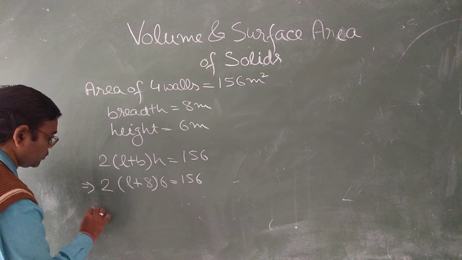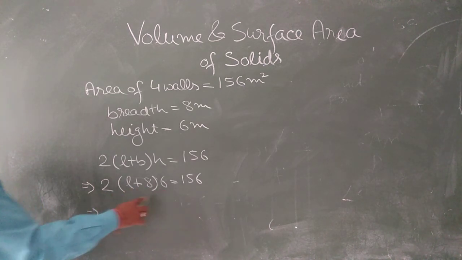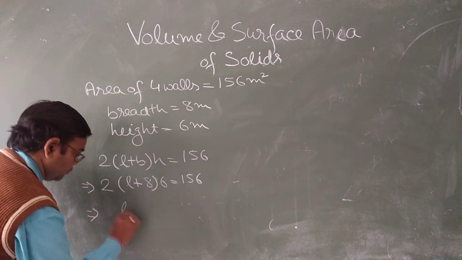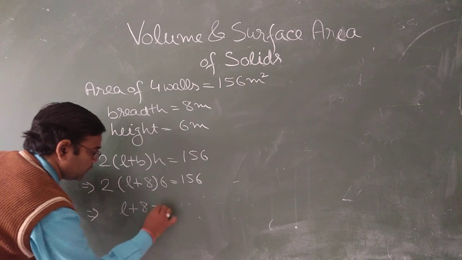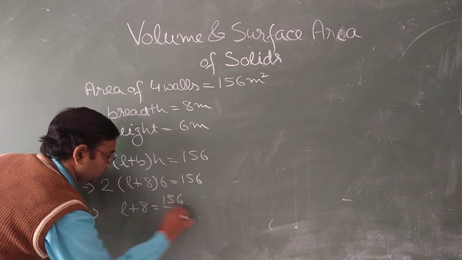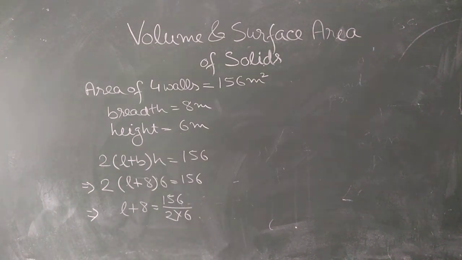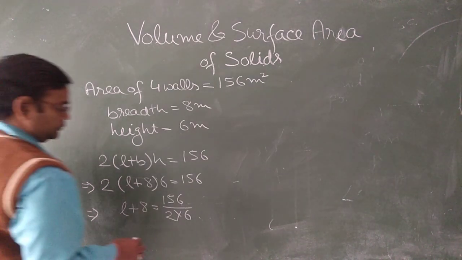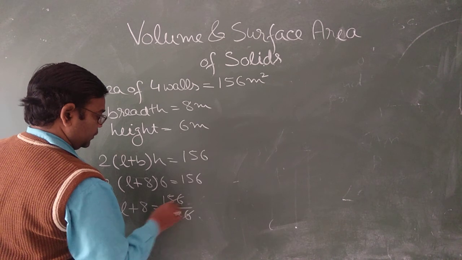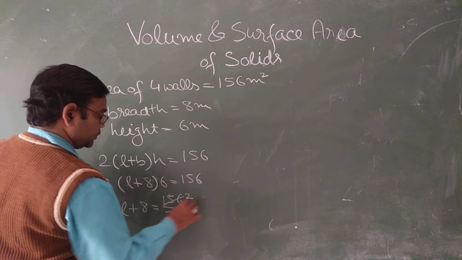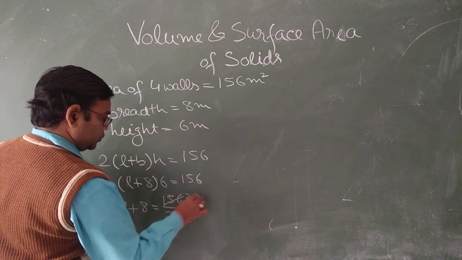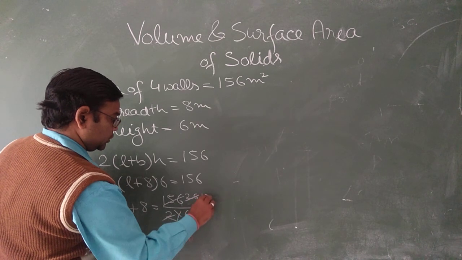Though these 2 and this 6 are in multiply form, we can transpose them to the other side: L plus B equals 156 divided by 2 into 6. 6 2s are 12, 6 6s are 36, 2 13s are 26.